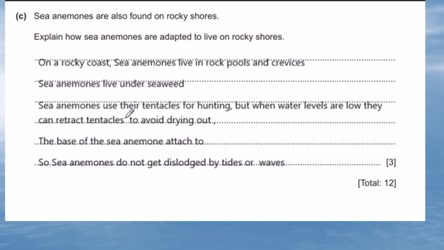Sea anemones use their tentacles for hunting, but when water levels are low, they can retract their tentacles to avoid drying out. The base of the sea anemones attaches to the rocks. So sea anemones do not get dislodged or displaced by waves and tide.